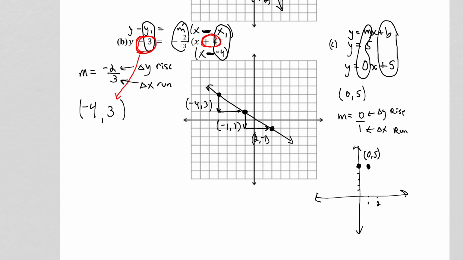And then I'm going to do that for a third point. I'm not going to go up or down. I'm going to run to the right 1. And here's my line. This is a horizontal line at y equals 5. So if you're given an equation that doesn't have an x term and it's just y equals a number, you end up getting a horizontal line with a slope of 0.